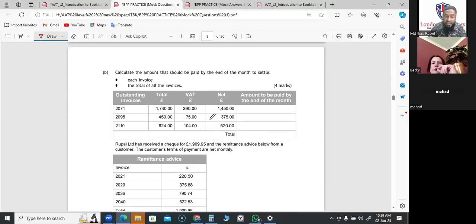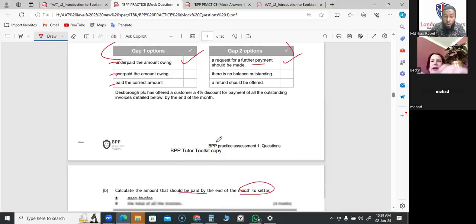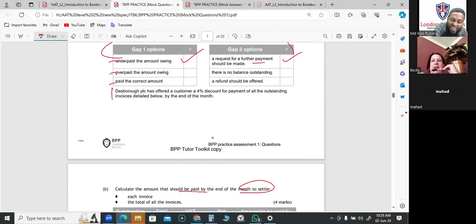Number B, calculate the amount that should be paid by the end of the month. There was a part of the question on the page above. Desborough PLC has offered a customer 4% discount for payment of all the outstanding invoices.